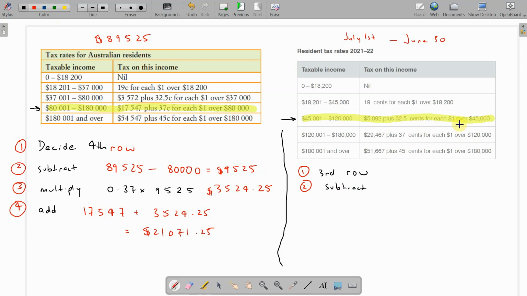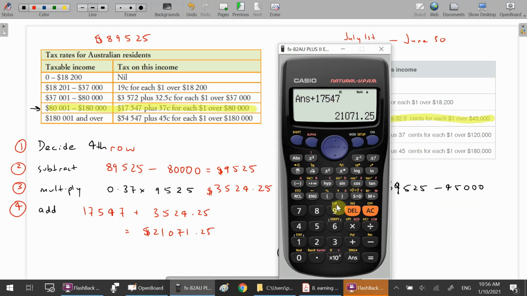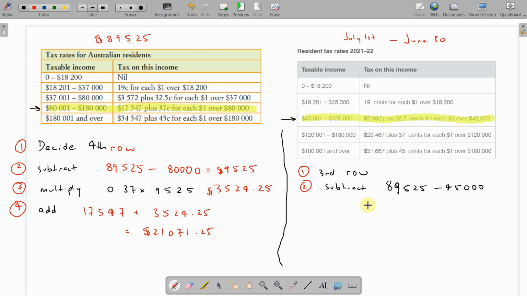So we're going to find out how much over this is our 89,525. 89,525 minus 45,000. What's that equal? 44,525.